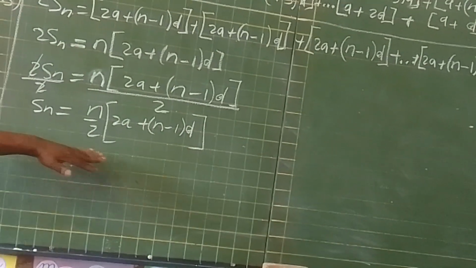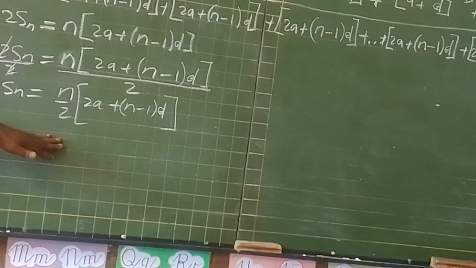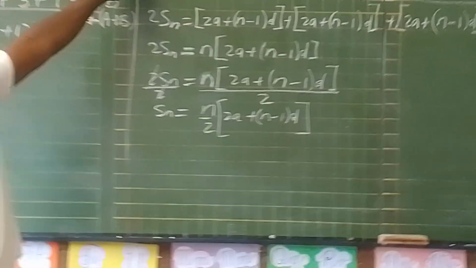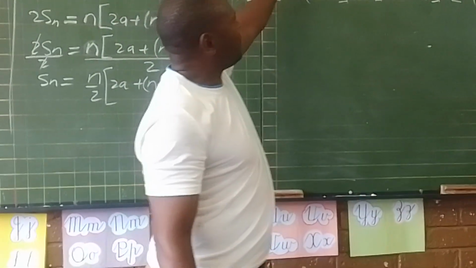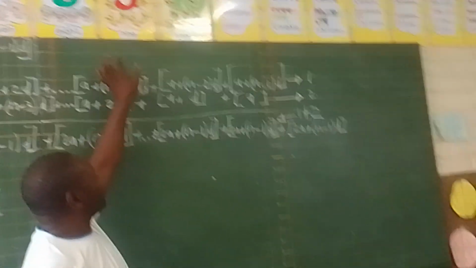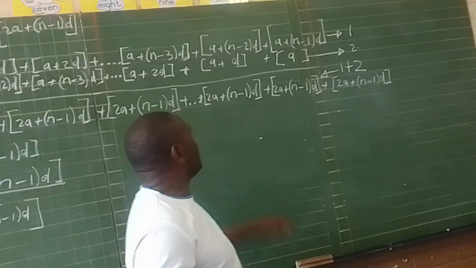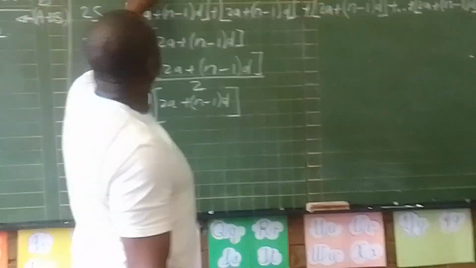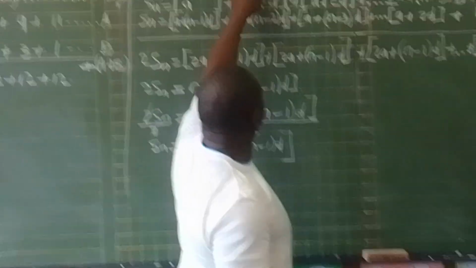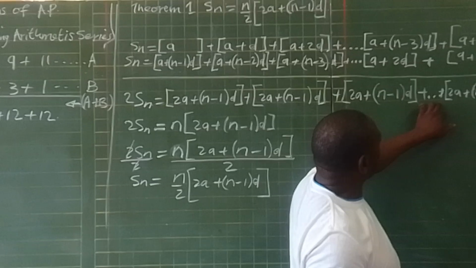So this is what is required of you, grade 12. You must know how this formula comes from. You have proven it by adding it from the first term, second term, third term, and so on. Third of the last, second of the last, add the last one, you reverse it, you add the second of the last one with the second one, the third of the last one with the third one, and so on.